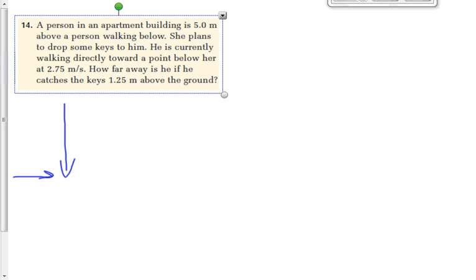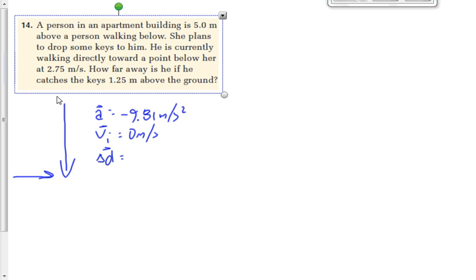Two problems. In this problem, we know that a is negative 9.81 meters per second squared. We know that v_i is 0 meters per second. And we know that the displacement is what?